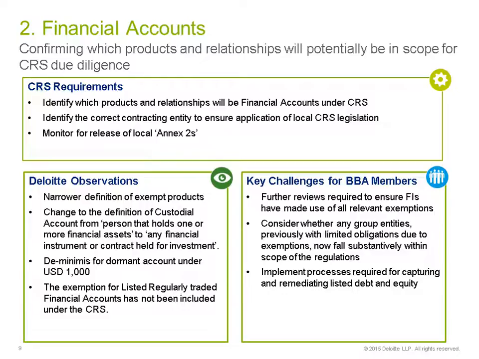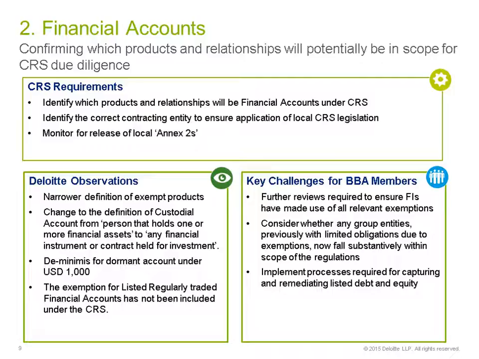So just to think now around financial accounts. These are the accounts that the financial institution will actually be having under CRS, and actually looking at the holders of those financial accounts. One of the key points to note is it will be important to understand which products and relationships will be actual financial accounts under CRS.